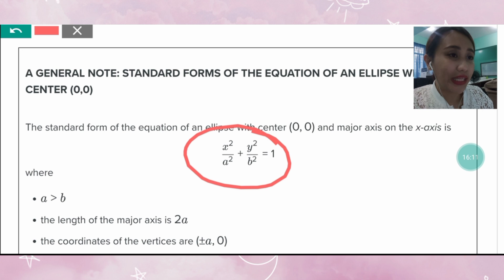That equation is the one we will use if the ellipse is at the origin and if its orientation is horizontal. Again, center is at the origin and the orientation is horizontal.